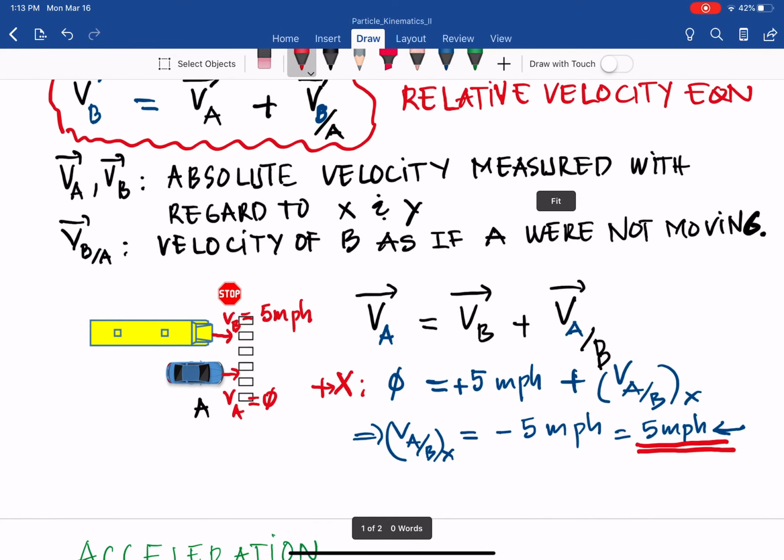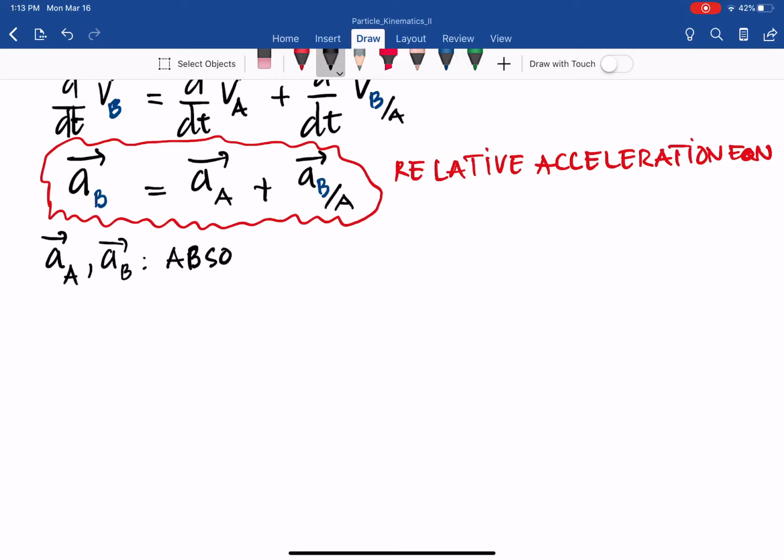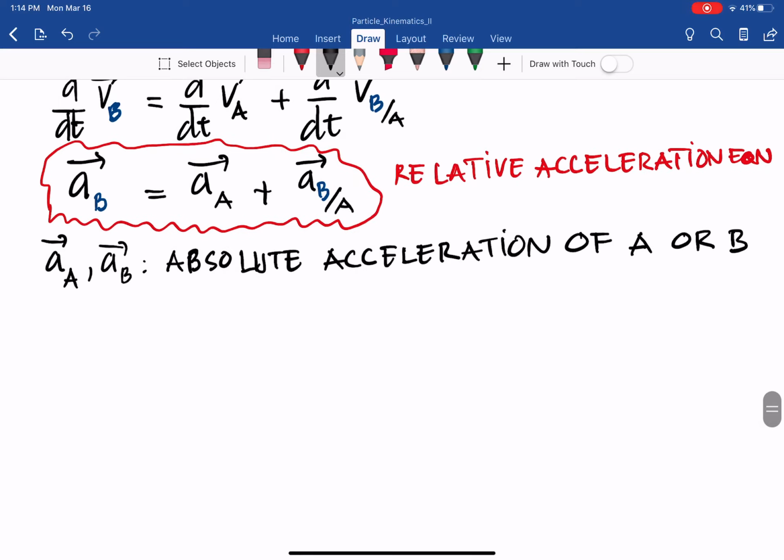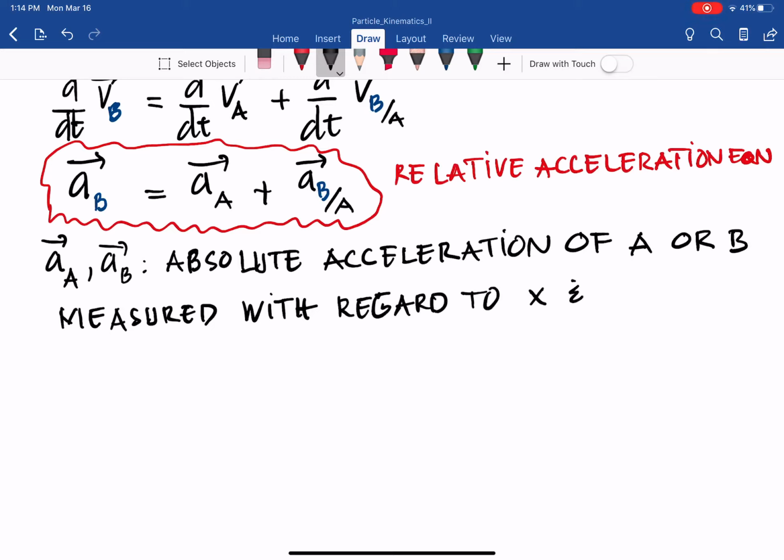So we write the acceleration of particle A and the acceleration of particle B. Basically, it will be the absolute acceleration of A or B, measured with regard to x and y, a fixed axis. For example, the car with regard to the road.